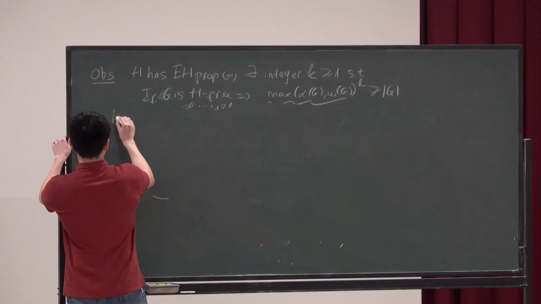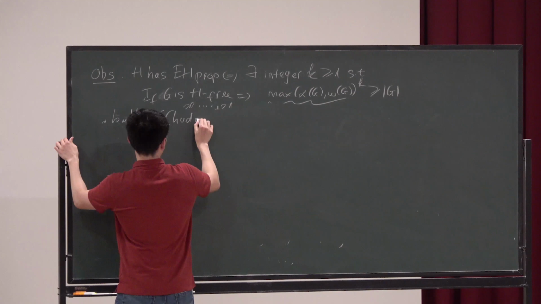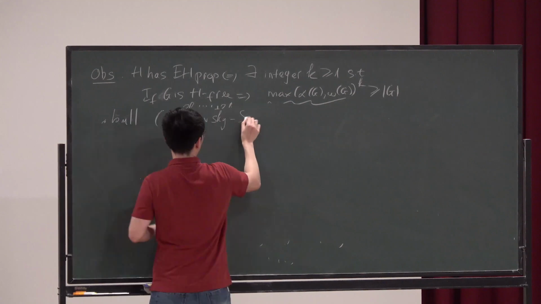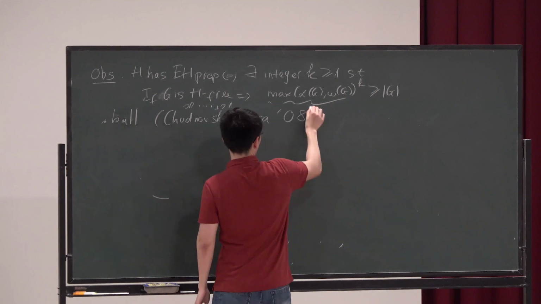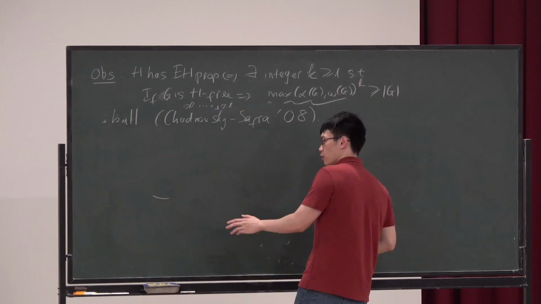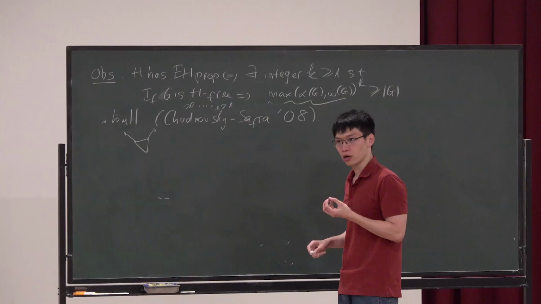was done by Chudnovsky and Safra. And the thing that is very special about this configuration, the bull, is that the proof that Chudnovsky and Safra did actually gives you the exact optimal exponent for the size of the largest clique or independent set.